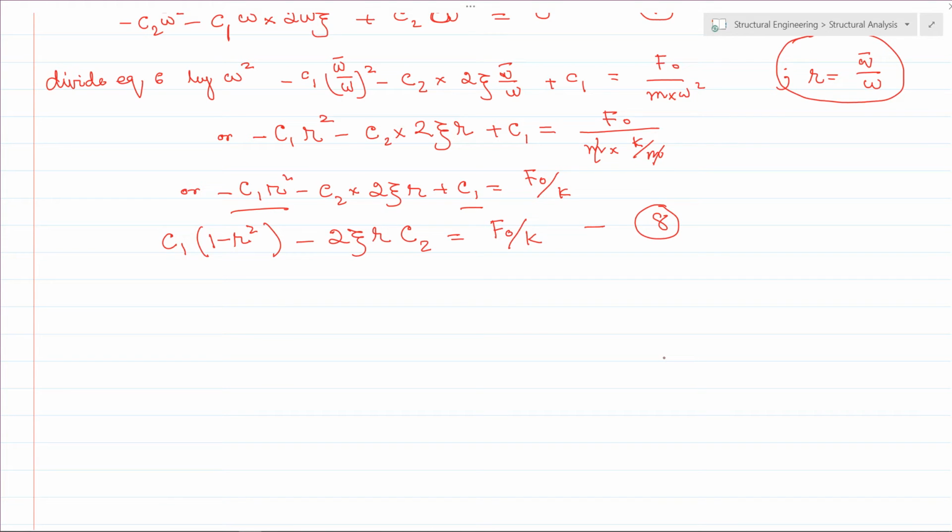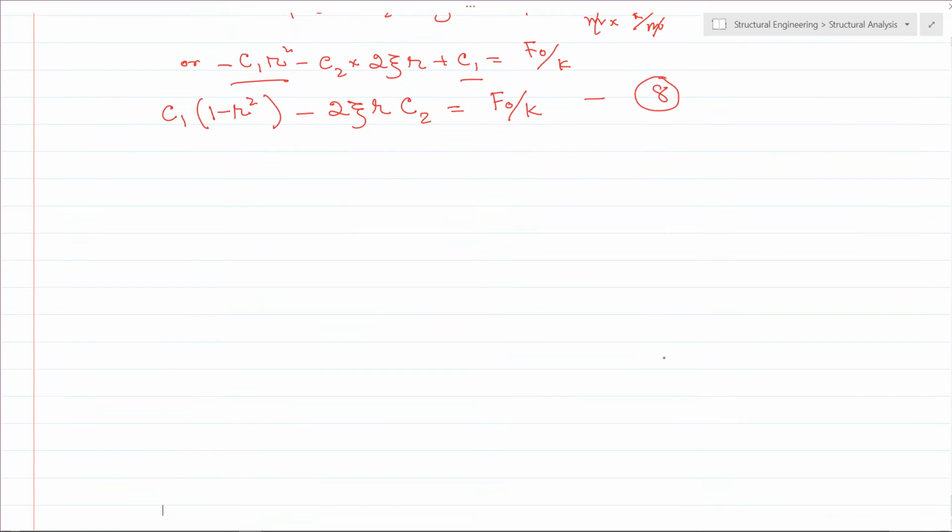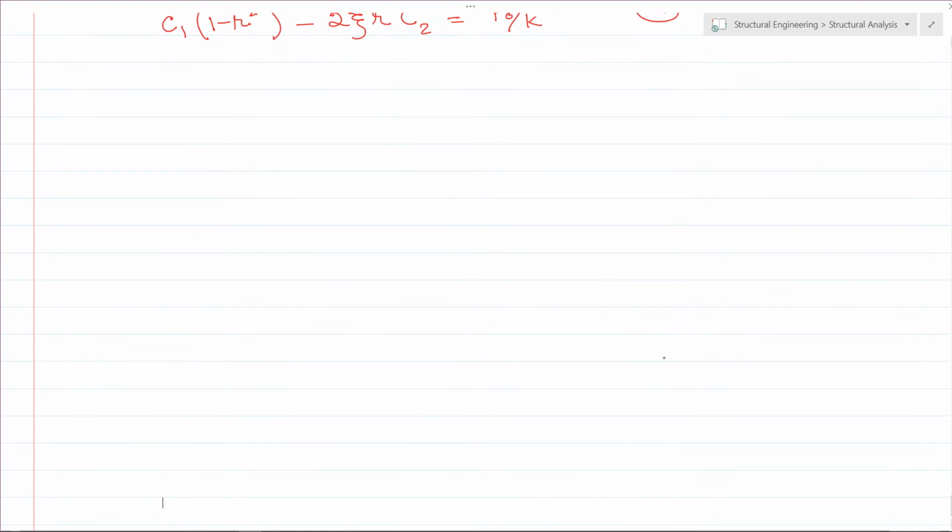Now we can recall another equation which we developed by comparing the cos omega bar t.